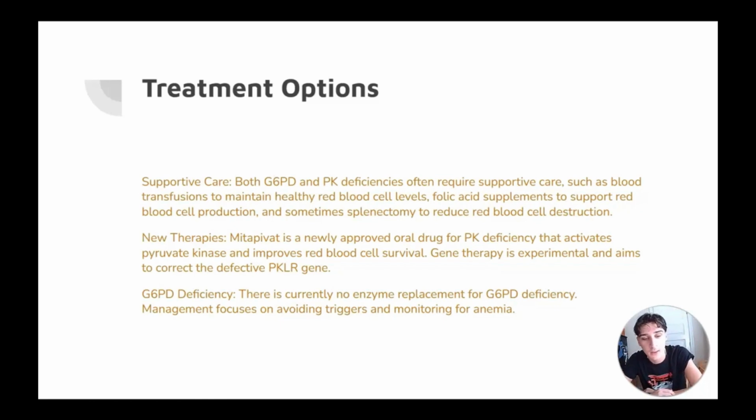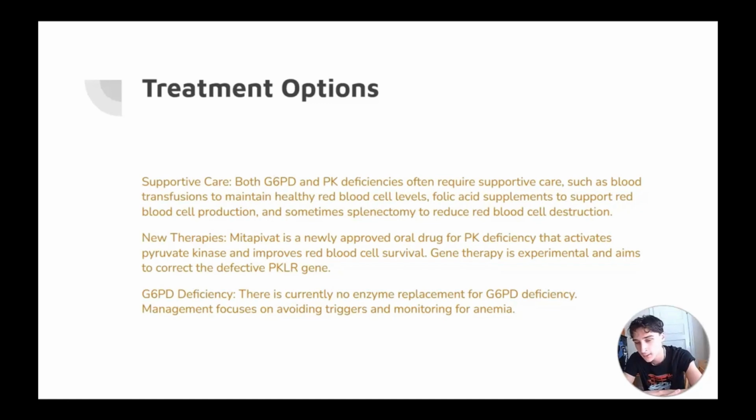So, supportive care. Both deficiencies often require supportive care, such as blood transfusions to maintain healthy red blood cell levels, folic acid supplements to support red blood cell production, and sometimes a splenectomy to reduce red blood cell destruction. There are some new therapies being researched, including mitapivat, a newly approved oral drug for PK deficiency that activates pyruvate kinase and improves red blood cell survival.